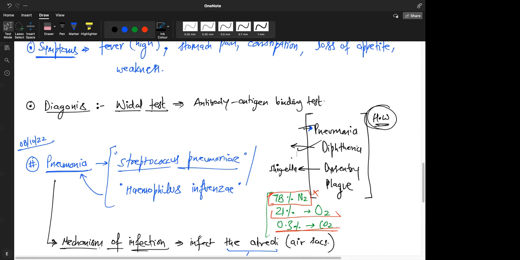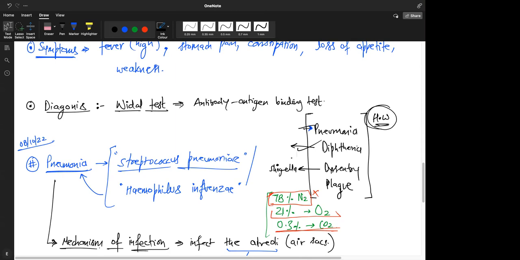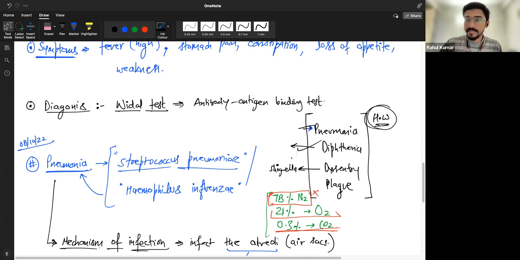Oh no, not that. I kind of forgot. Something gets transmitted from one mammal to another, like say from rats to humans. We know this is a bacterial disease because we are studying it in bacterial diseases, so I'm asking, which bacteria causes plague?